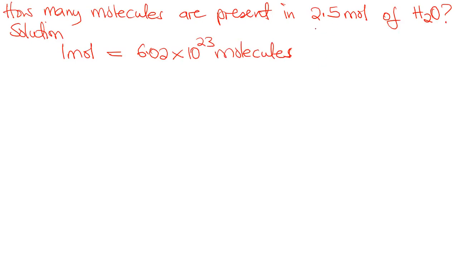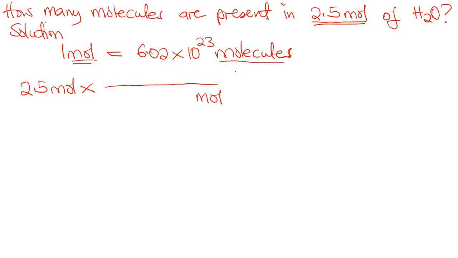And here, your given quantity is 2.5 mole. That's what you need to start with. So I will say 2.5 mole times. If you have mole here, you need to have mole down here. And if you have mole down here, then you will have molecules up here. So I will say molecules. The mole goes with 1.